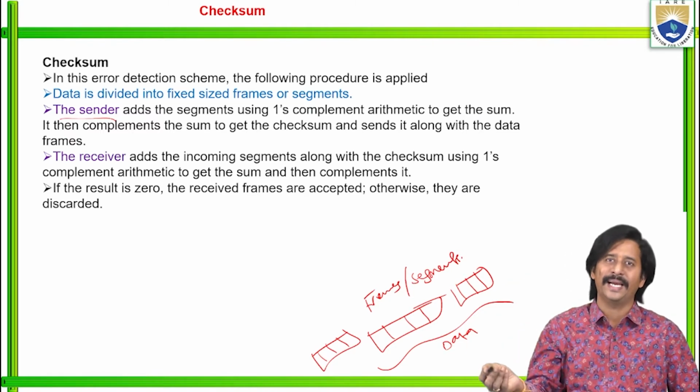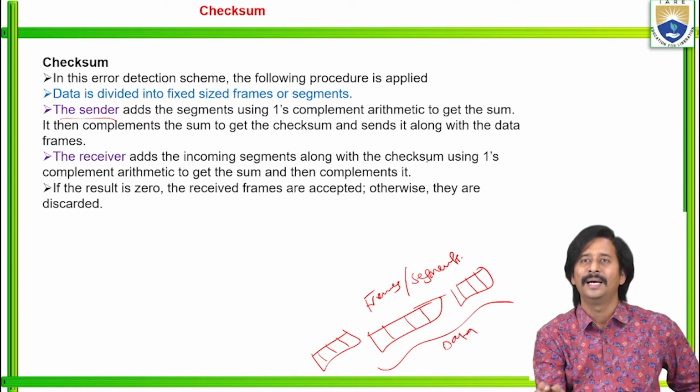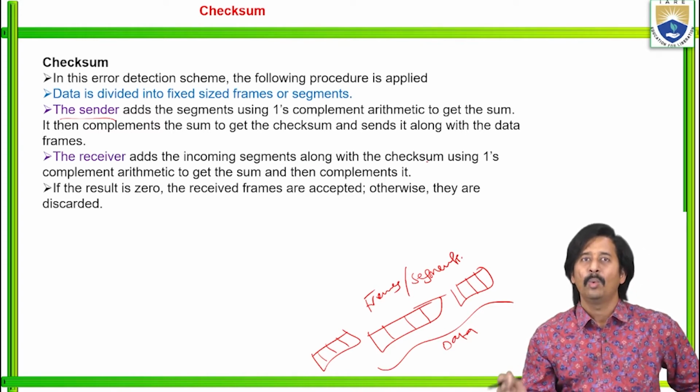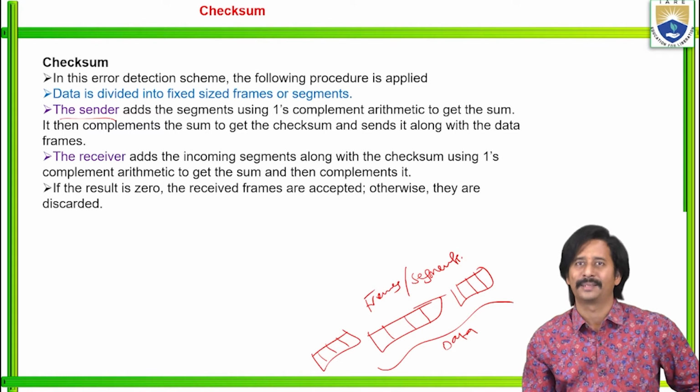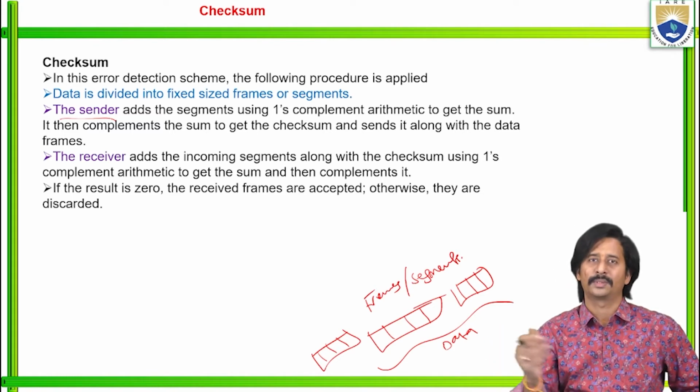Similarly, at the receiver side, the receiver adds the incoming segments along with the checksum using 1's complement arithmetic to get the sum and then complements it.